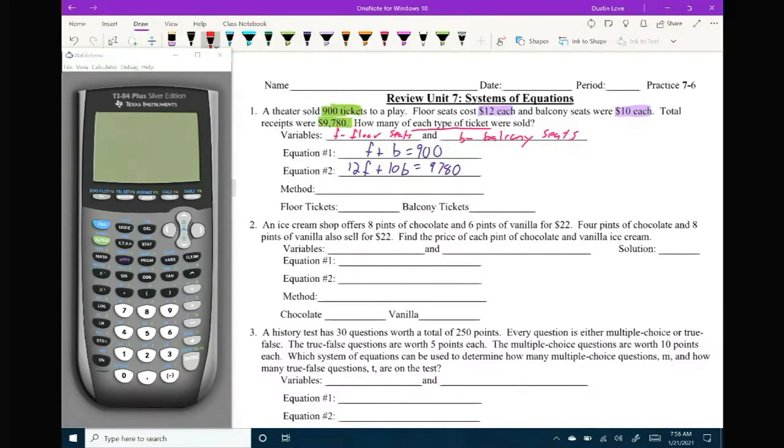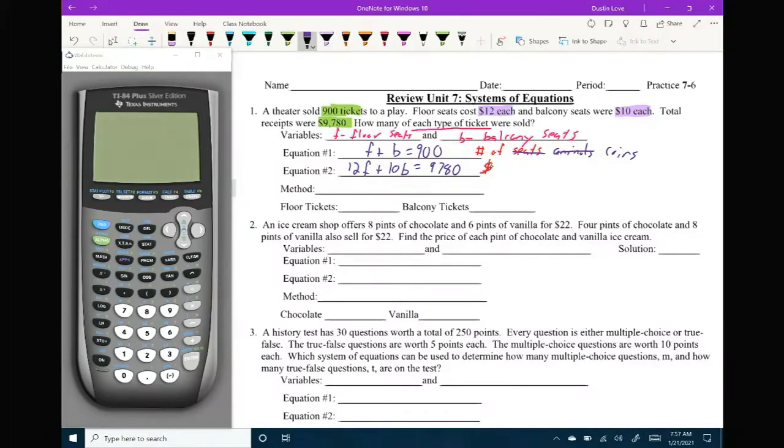Now, something to point out on these is that this will happen quite a bit, these two styles of equations. This one right here has to do with the number of seats. This one down here has to do with money. The problem might be different. Instead of number of seats, it might be number of animals. It might be number of coins. But on that number of, you're going to have first variable plus second variable equals the total.